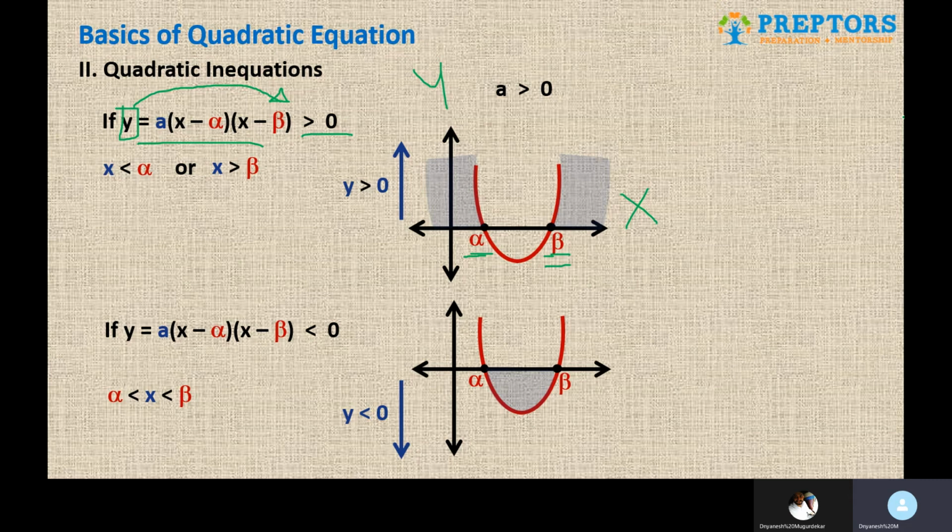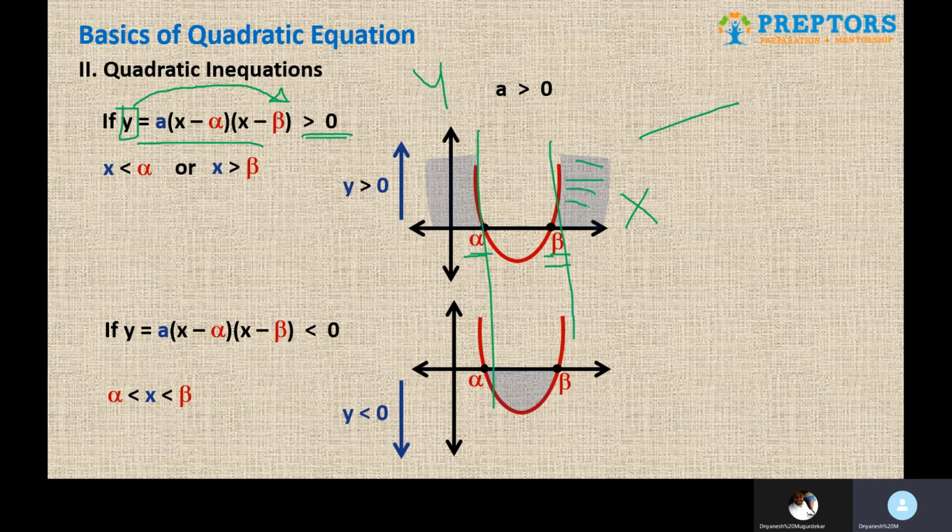Greater than 0, beyond the range; less than 0, within the range. So you need to first get your range very clear. For example, here in all these cases, your range is actually alpha and beta. This is your range.